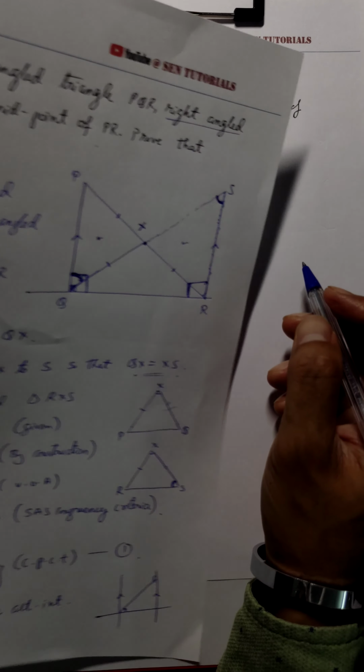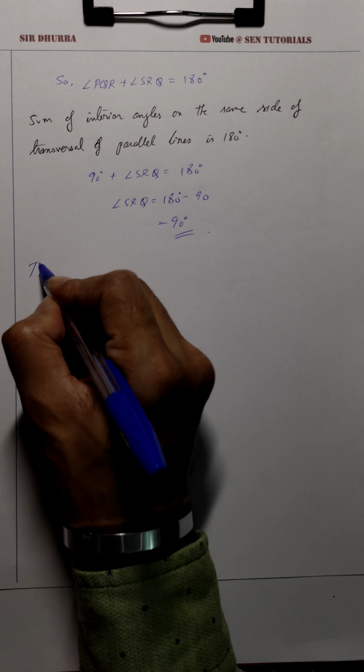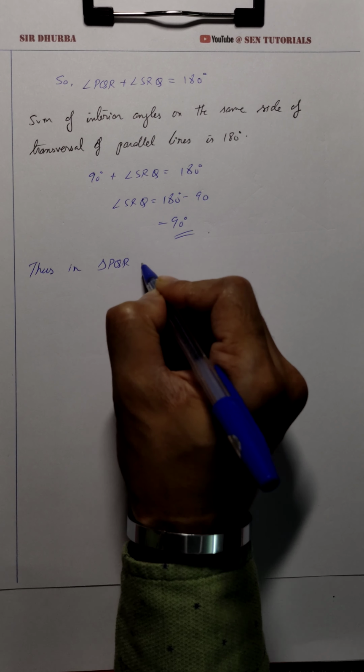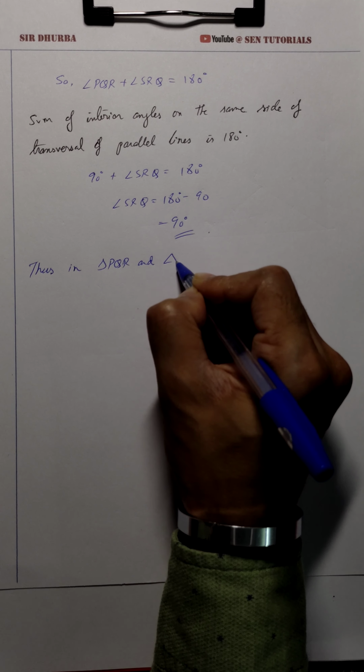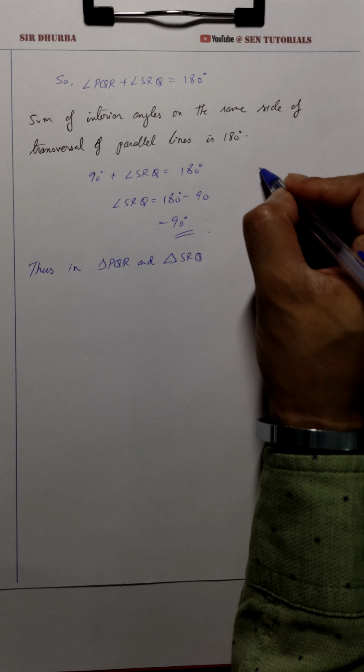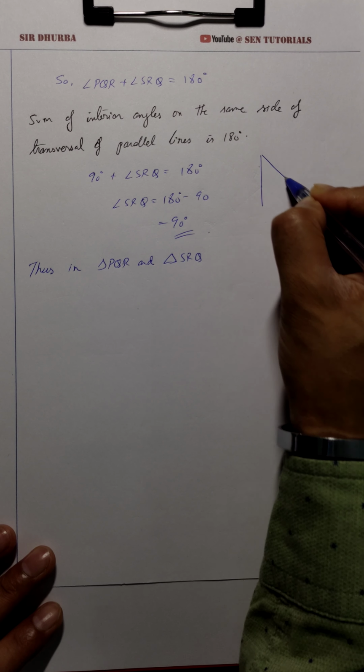Now you see what happens. Actually, the same proof. Thus in triangle PQR and triangle SRQ, I'll draw the triangles once again.